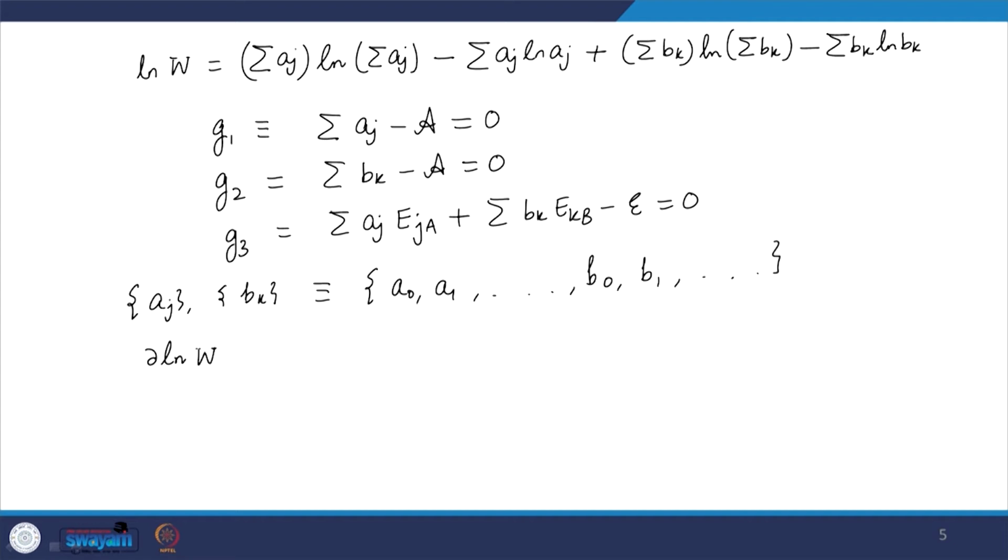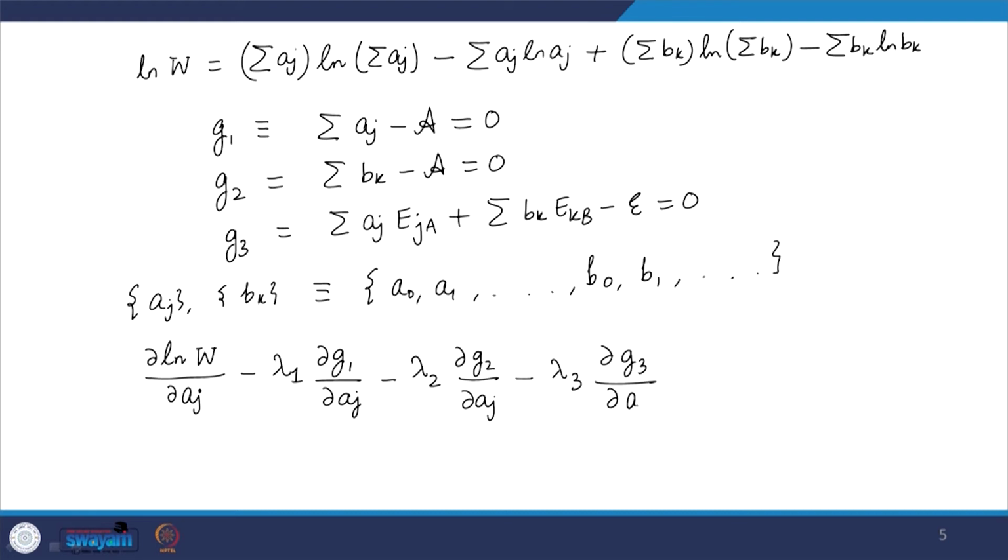So, that means that I can write the maximization problem as dou ln W by dou A j minus some Lagrange multiplier multiplied with dou g1 by dou A j minus some other multiplier multiplied with dou g2 by dou A j minus some other multiplier dou g3 by dou A j, this equal to 0 for all values of A j.